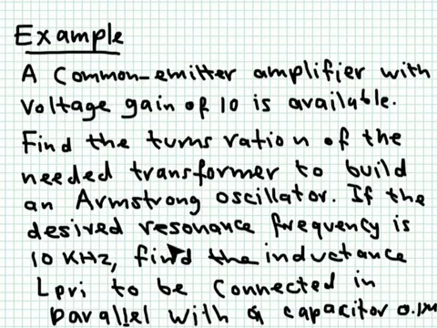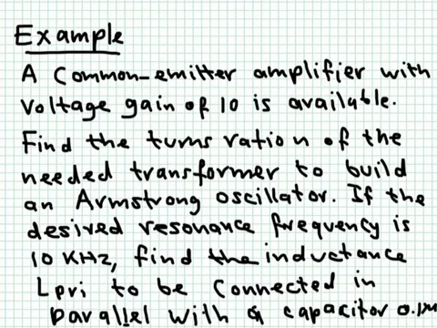If the desired resonance frequency is 10 kilohertz, find the inductance L primary, the inductance of the primary coil, to be connected in parallel with a capacitor of 0.1 microfarad. So we know the capacitor that's going to be connected in parallel with the primary coil. We need to know the inductance of the primary coil, but we know the resonance frequency and the capacitance, so I can solve for it.